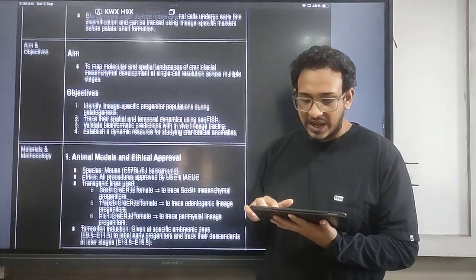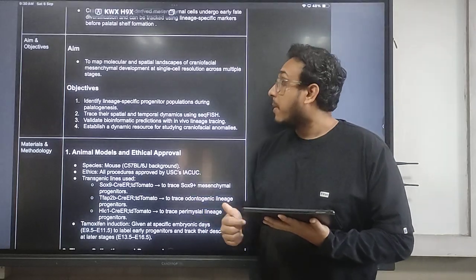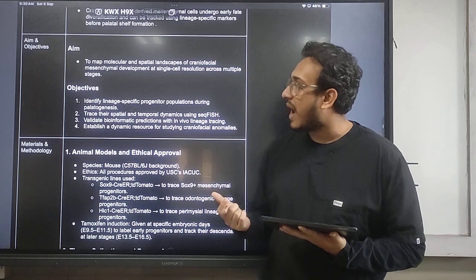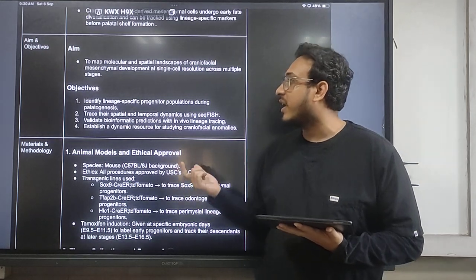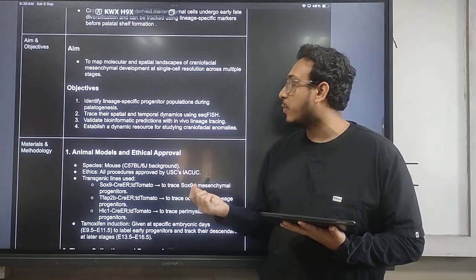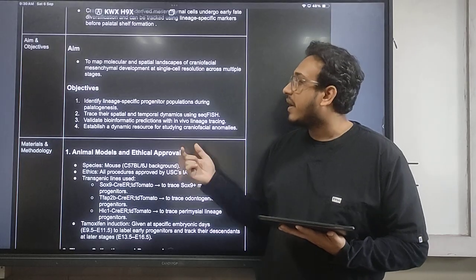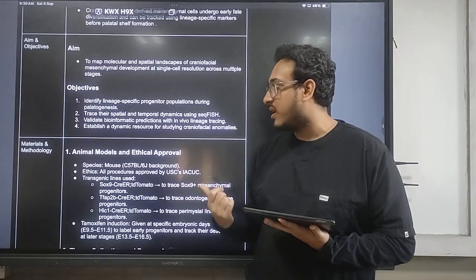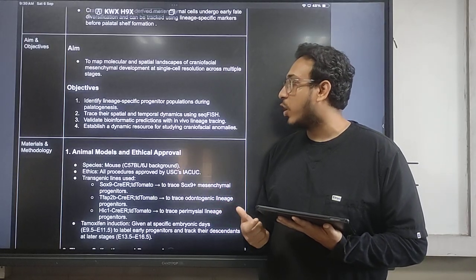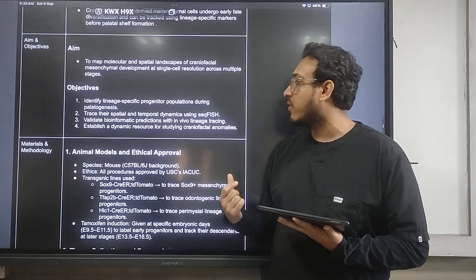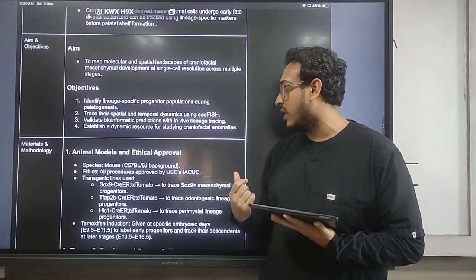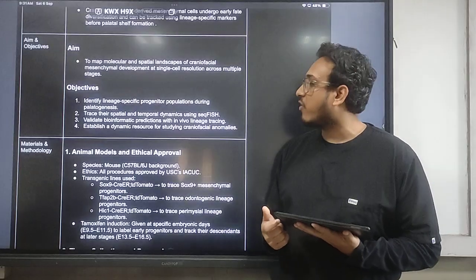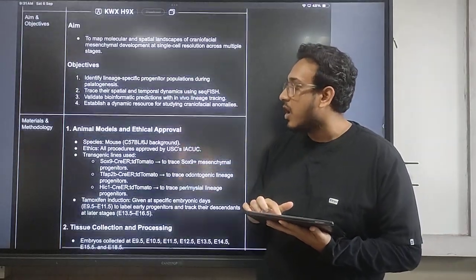The aim was to map the molecular and spatial landscape for craniofacial mesenchymal development, and the objectives were to identify lineage specific progenitor populations during palatogenesis, trace their spatial and temporal dynamics using sequential FISH, and validate bioinformatics predictions with in vivo lineage tracing. Also, to establish a dynamic resource for studying craniofacial anomalies.